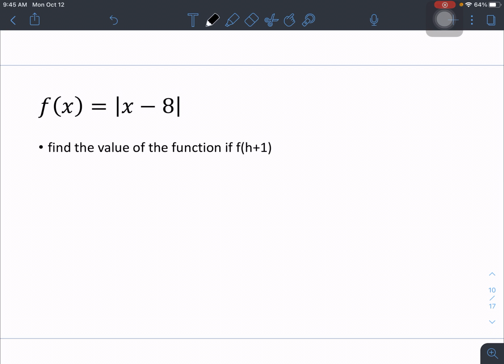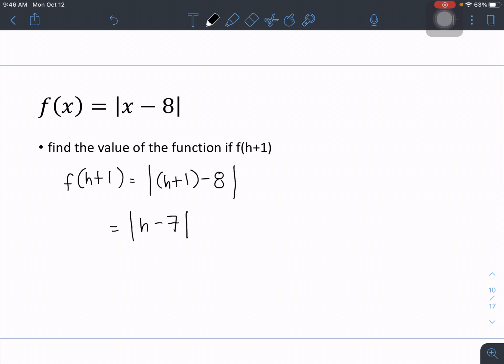Okay, so with that we need to replace all the x with h plus 1. So that will be the absolute value of h plus 1 minus 8. Okay, so we need to perform all the operations inside the bracket of the absolute value first. So h plus 1 minus 8 will be h minus 7.